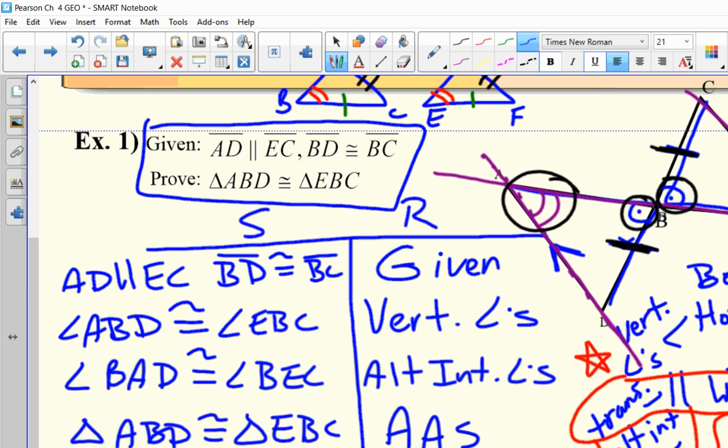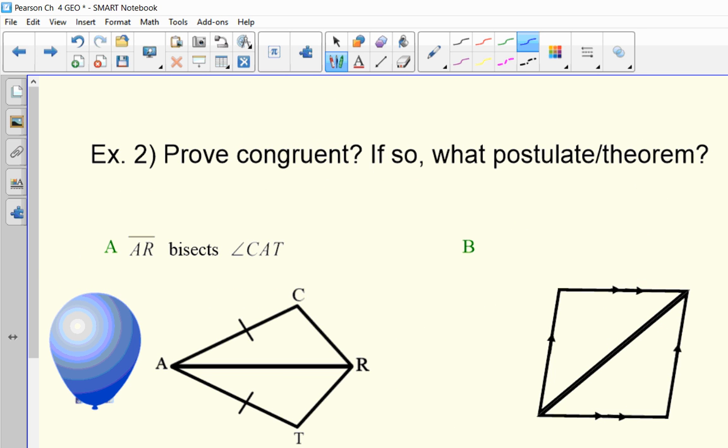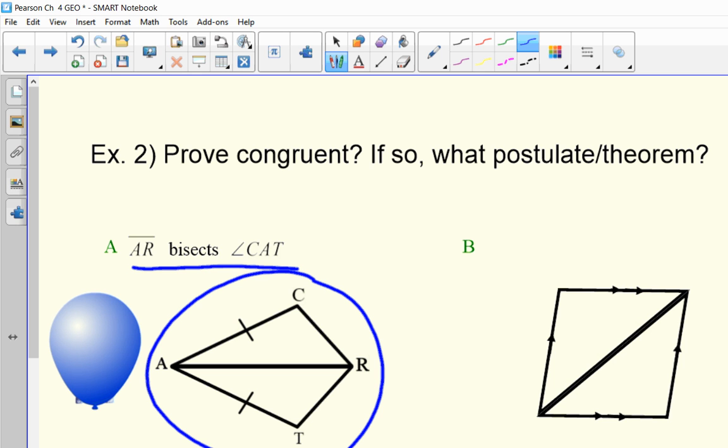Okay. All right. If you guys go ahead and draw this figure here, and they're giving you that, so include that, and then they're giving you this here. If you could draw this figure, and I'm trying to prove, are they congruent, and then by what?